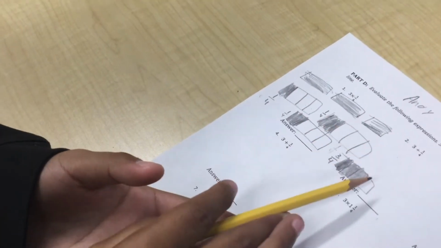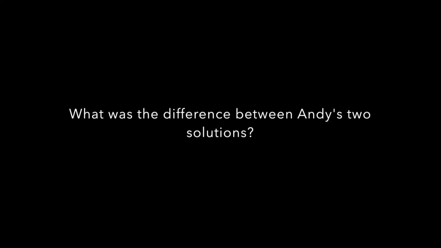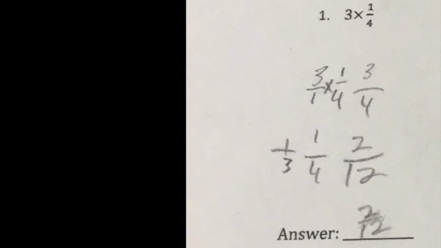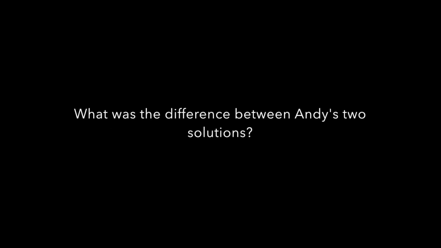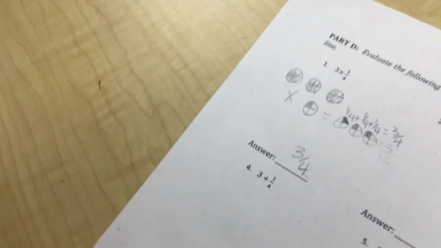And then I drew another one which represents 3/4 as a... Okay. So you did the same thing, right? You just immediately... Oh, I see. You wrote out your 3 wholes times 1/4.